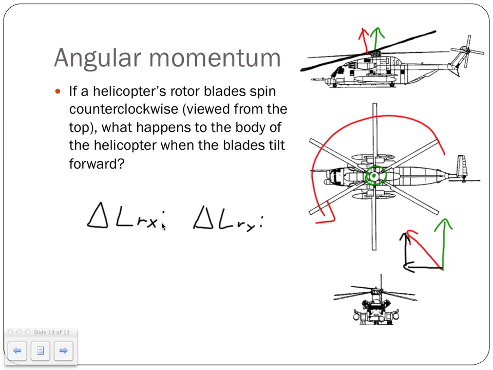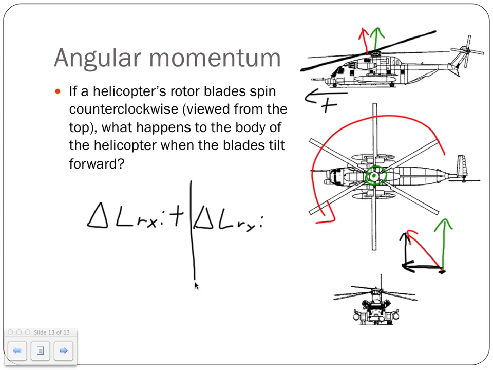For the rotor in the x direction, the original angular momentum was 0, because that green vector that points straight up has no x component. But it ends up with an x component that goes off in this direction. If we call going off to the left the positive direction, then we'd have an increase in our angular momentum in the x direction whenever we tilt those blades forward.